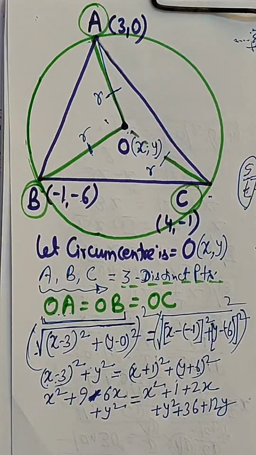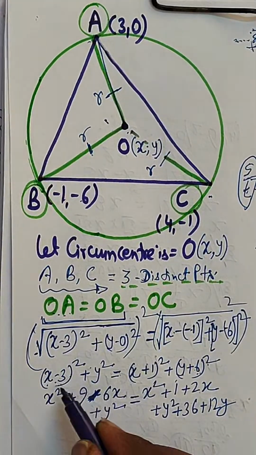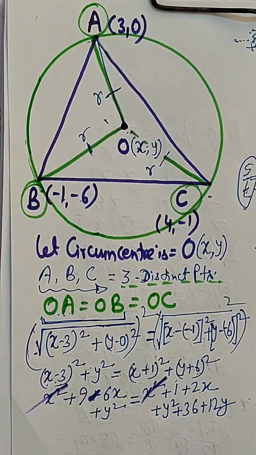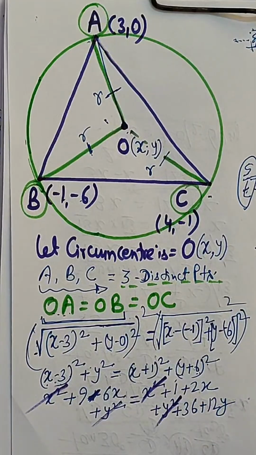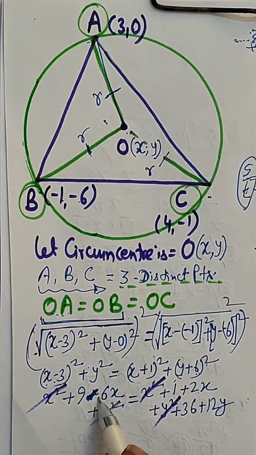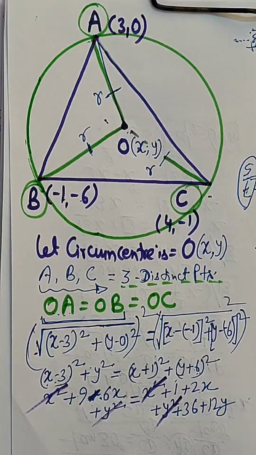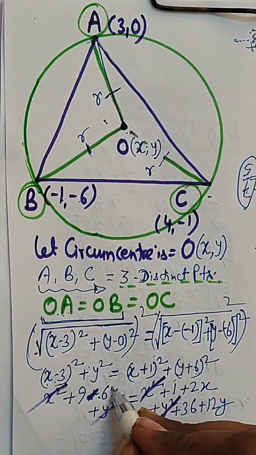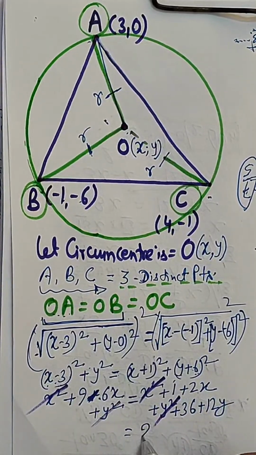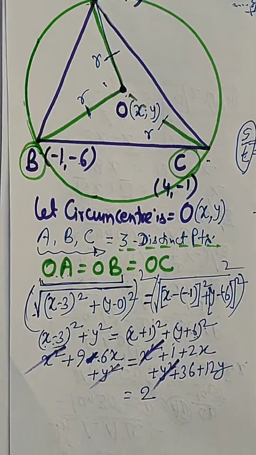Now from here what you can see is that x square from LHS will be cancelling the x square in the RHS, right? Now y square in the LHS will be cancelling the y square in the RHS, right? And we are having minus 6x over here, right? So do one thing, just push this minus 6x into the RHS, then it will be 2x. Let me shift a little.